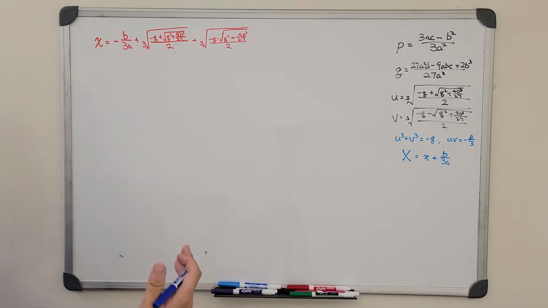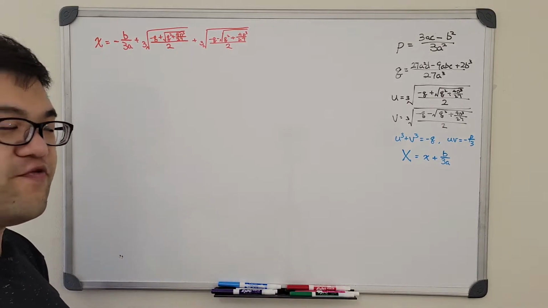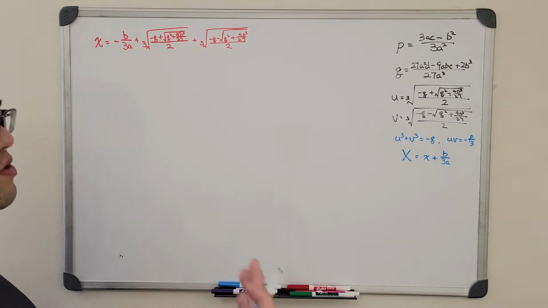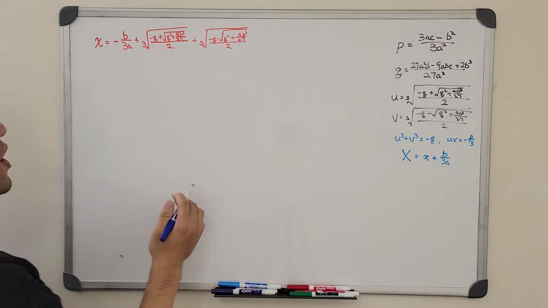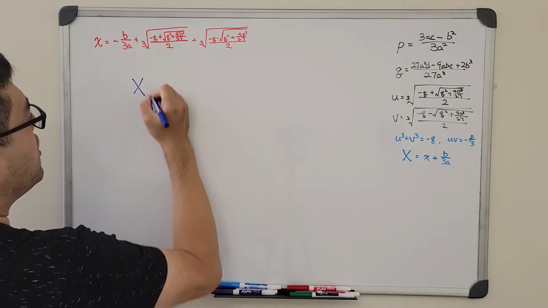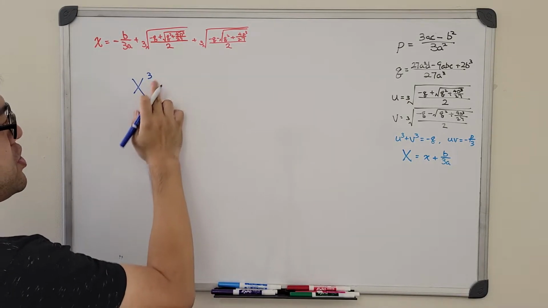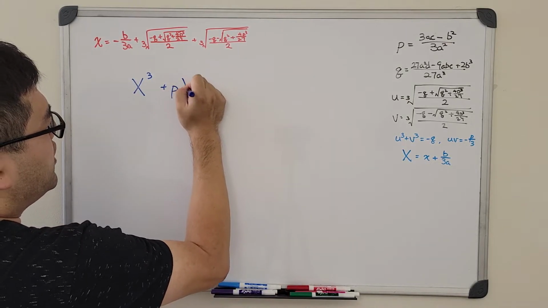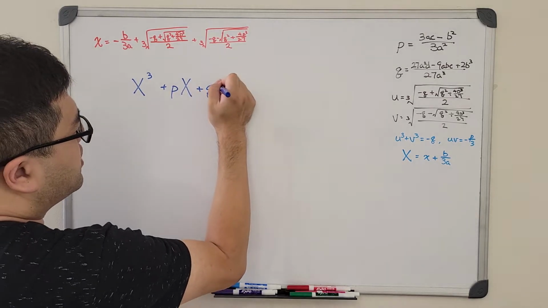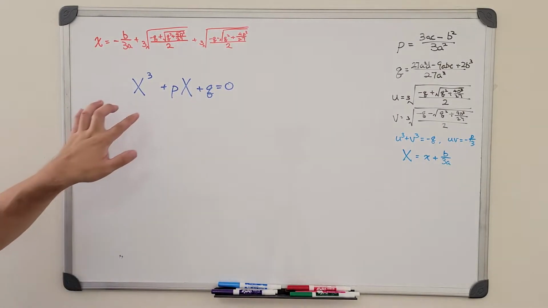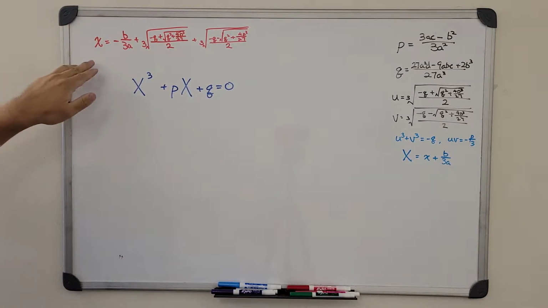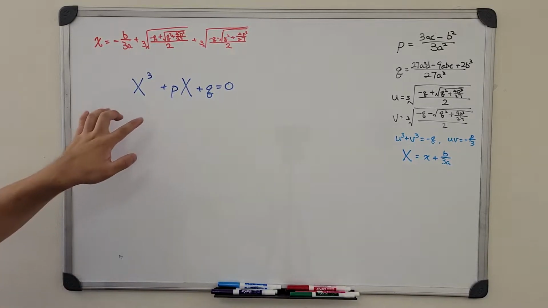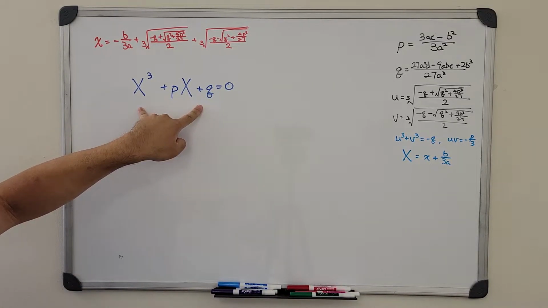And if you remember from yesterday's video, after we make it into a depressed cubic equation, we get the following: capital X cubed plus pX plus q equals 0. So we're going to start with this, and we're going to play around with the first solution that we have, so that we can do factorizing.